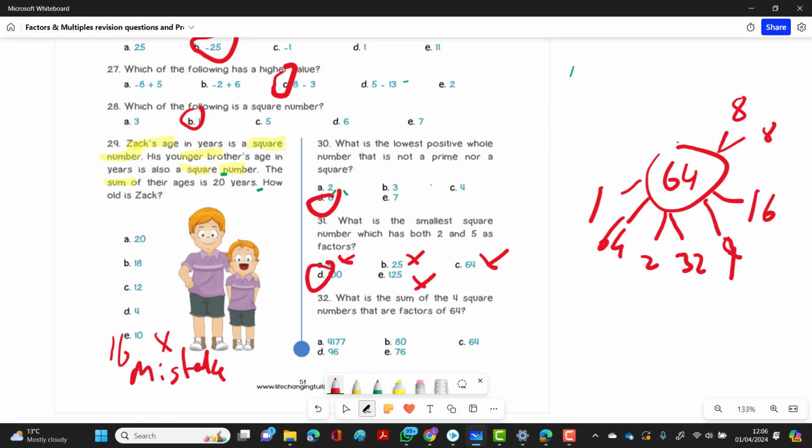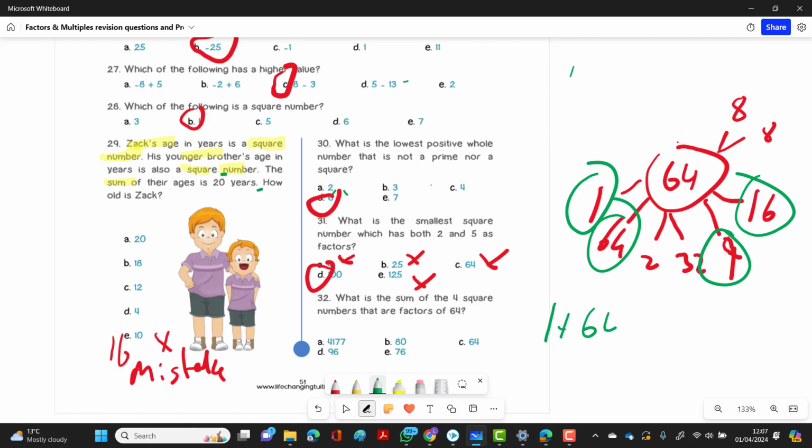Okay, so what are the square numbers here? 1 is a square number, 64 is a square number, 4 is a square number, and 16 is a square number. And if you add them up, 1 and 64 and 4 and 16.